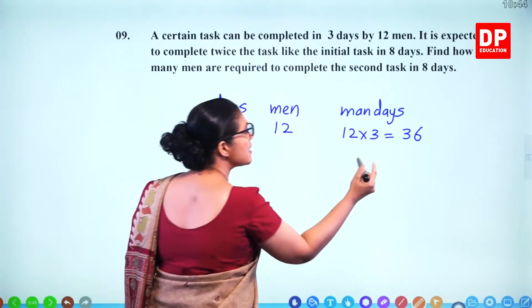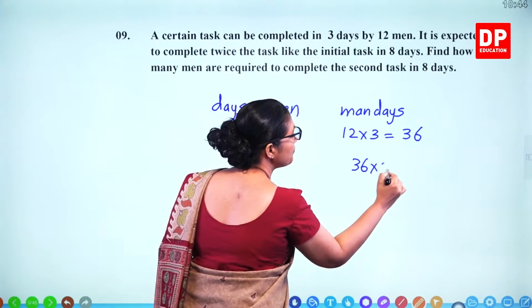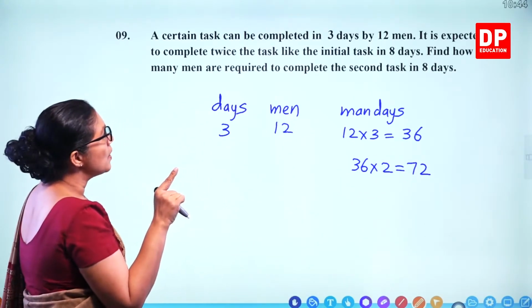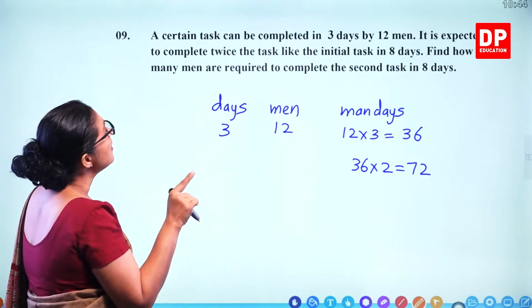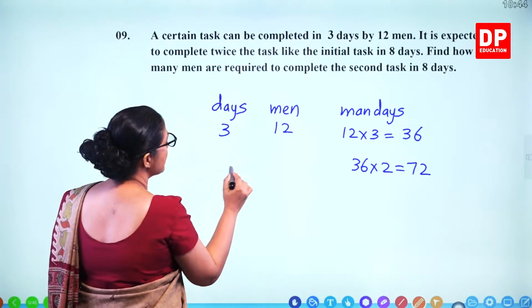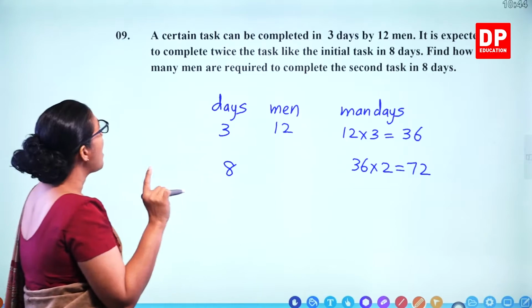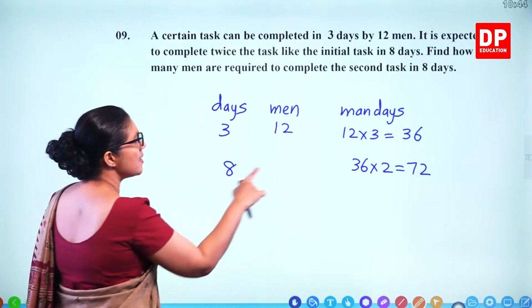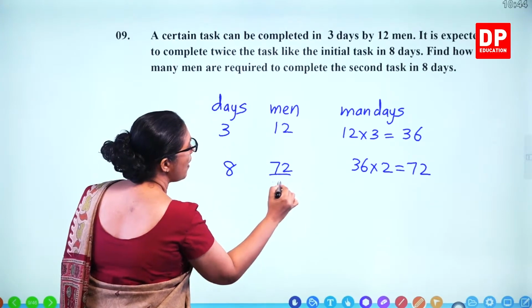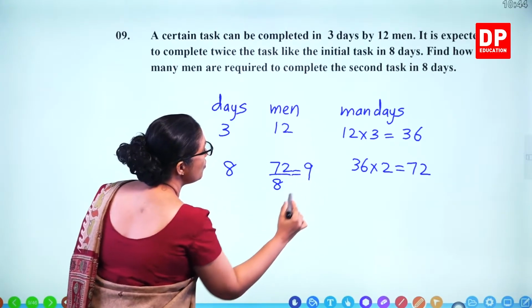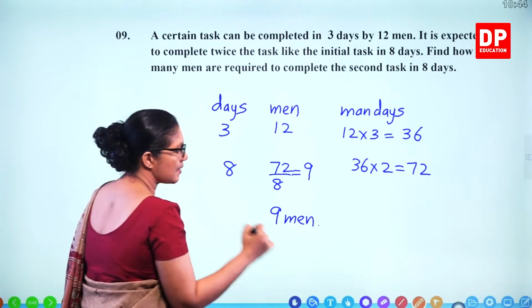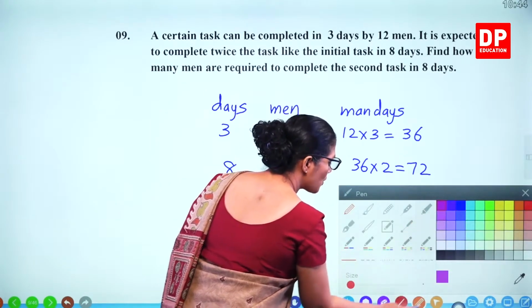Twice the task means 36 times 2, 72 man days work needs to be completed in 8 days. Find how many men are required to complete the second task in 8 days. So 72 divided by 8. So you need 9 men to complete that task. So you get 2 marks for that.